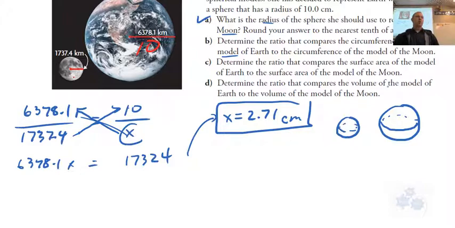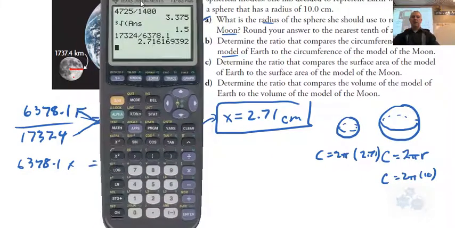So we're comparing circumferences. So C is 2 pi r. That's how you find the circumference of a circle or of a sphere, which really the middle section would be just a perfect circle, right? So we've got circumference here is 2 times pi times 10, and over here is 2 times pi times 2.71.